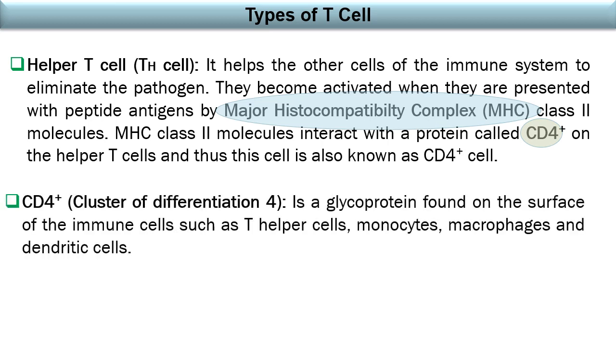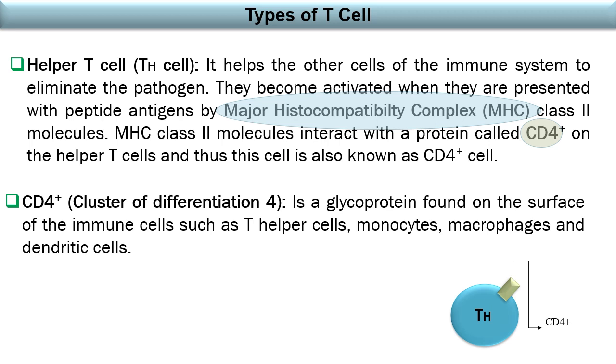CD4+, that is cluster of differentiation 4, is a glycoprotein found on the surface of the immune cells like T helper cells, monocytes, macrophages, and dendritic cells. So this is a CD4 glycoprotein, and on the surface of the T helper cell, CD4+ is present. Now I will come to this MHC molecule in another slide.